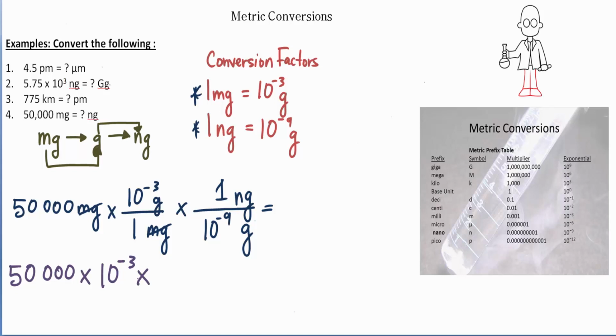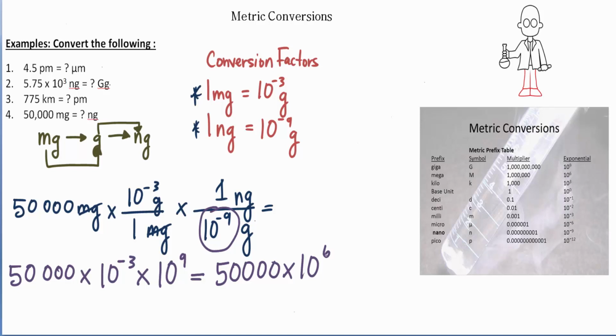Now, bringing this exponent of 10 to the numerator becomes 10 to the 9th. So I can say that's 50,000 times 10 to the, add exponents, and that becomes 10 to the 6th.